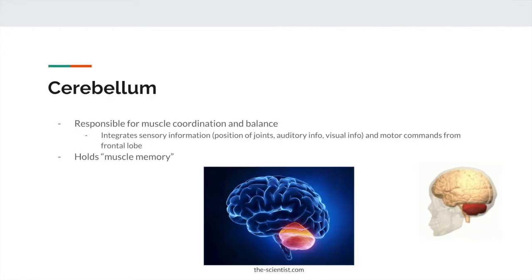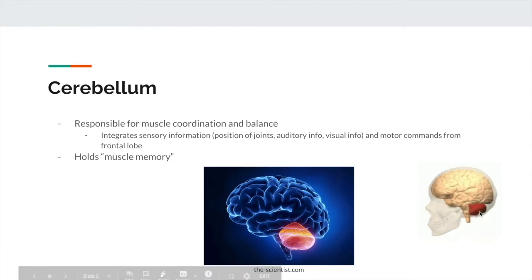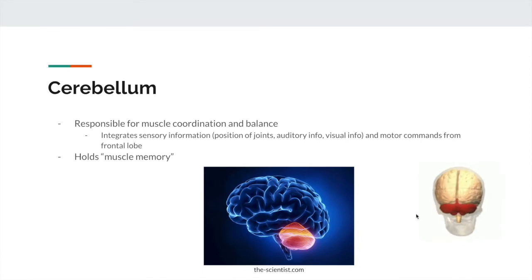So first off, we have the cerebellum. The cerebellum is located in the bottom of the brain next to this thing called the brain stem. You can see this 3D image here, and it's mostly responsible for muscle coordination and balance.